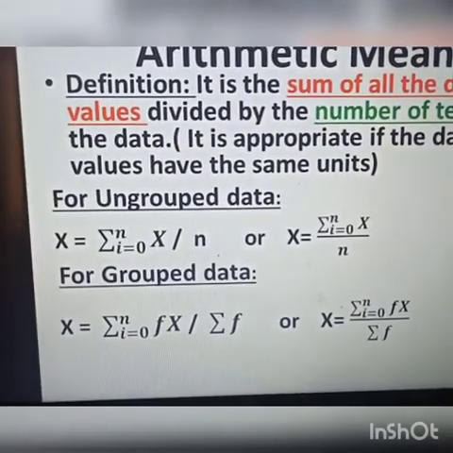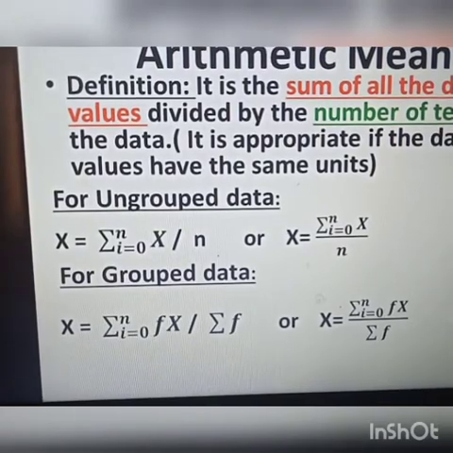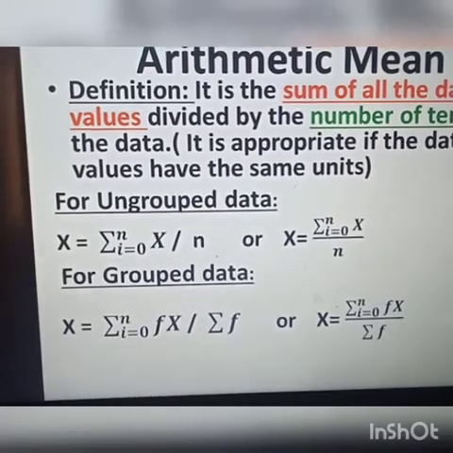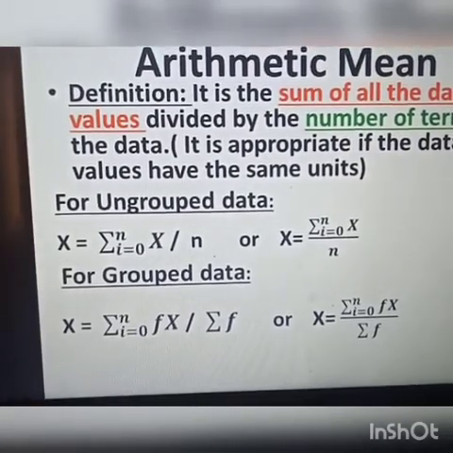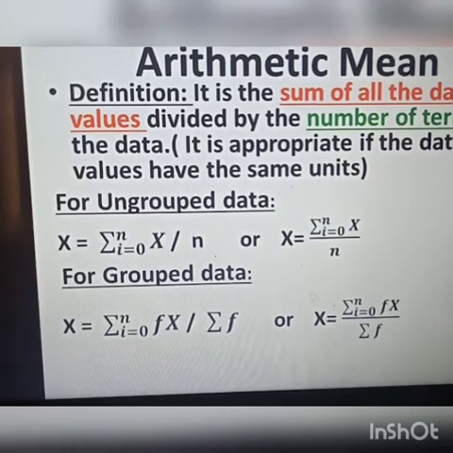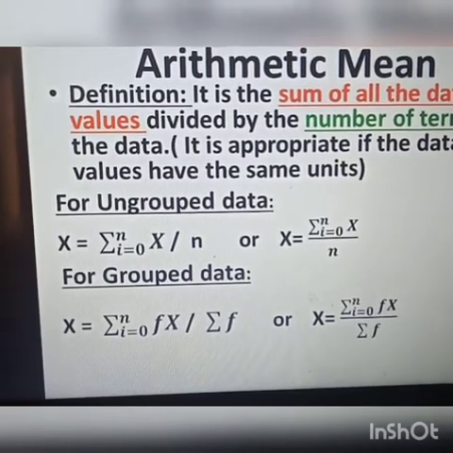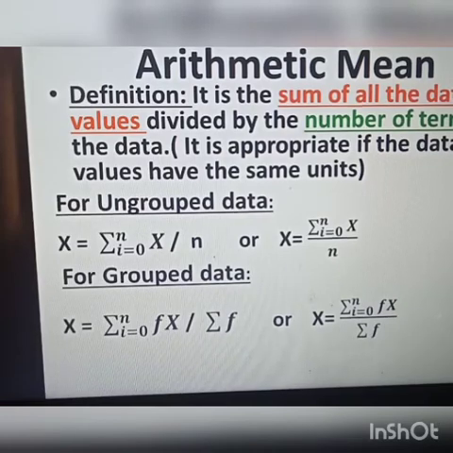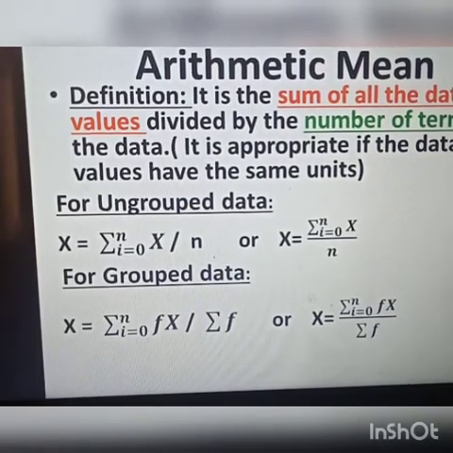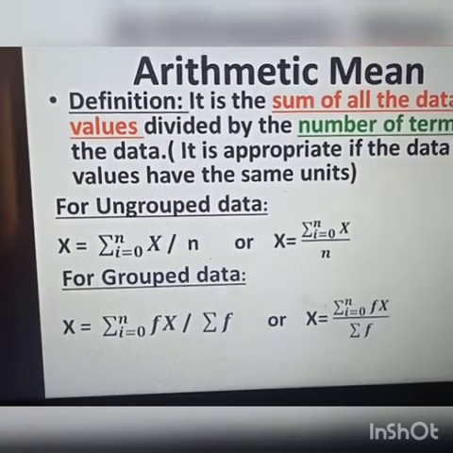Both ways are correct. Here, capital X represents all the values of x, summation means add up all the values, and small n means the number of terms in the data. When I show you the examples, this will be more clear to you.